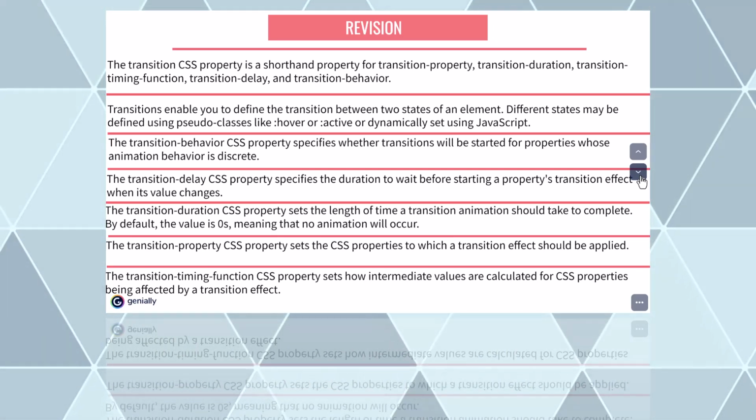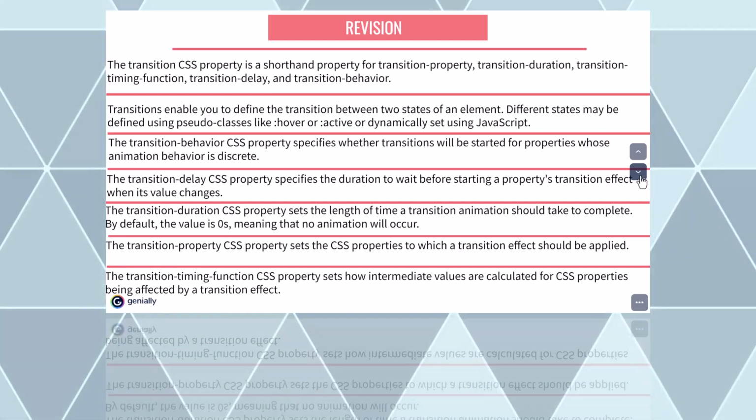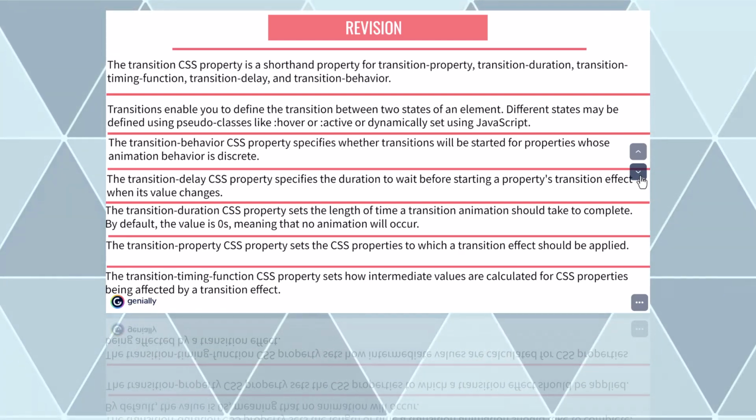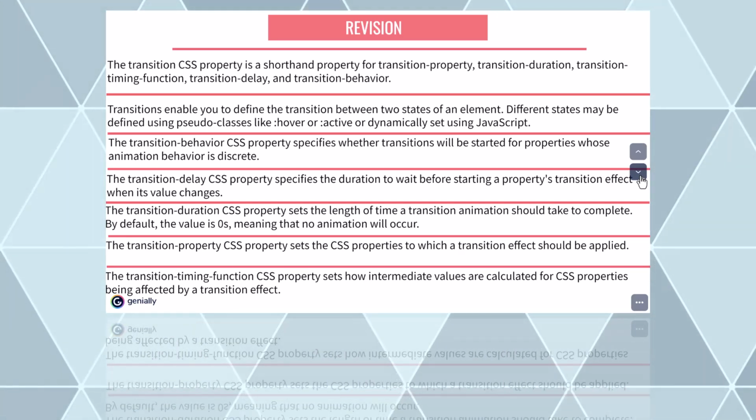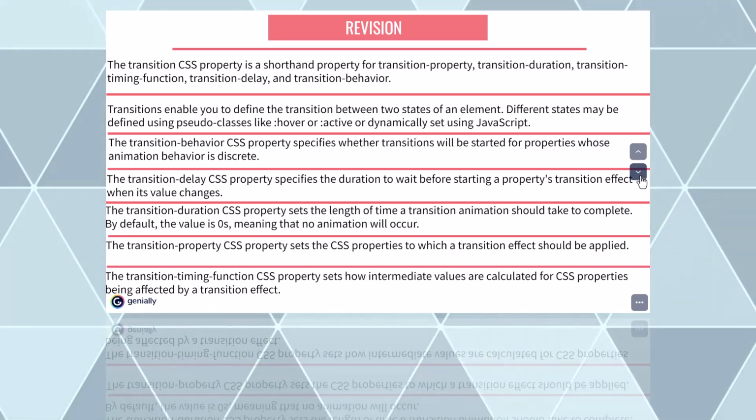Transitions enable you to define the transition between two states of an element. Different states may be defined using the pseudo classes like hover or active or dynamically set using JavaScript. Okay, and can you explain?